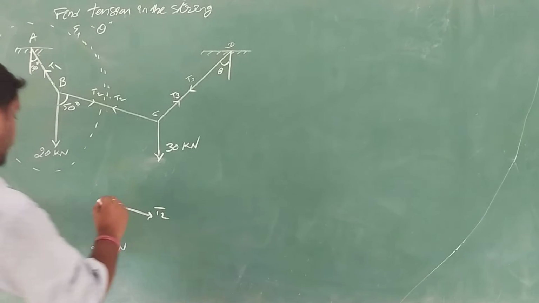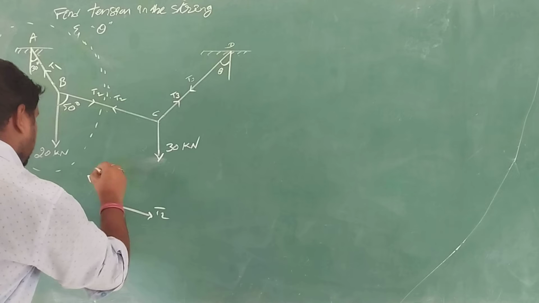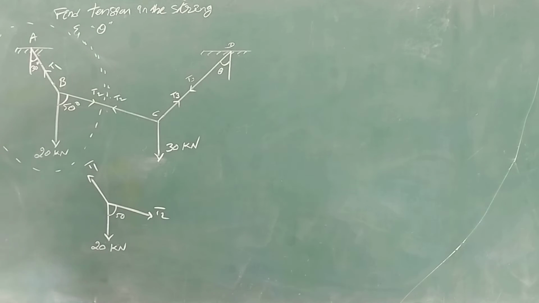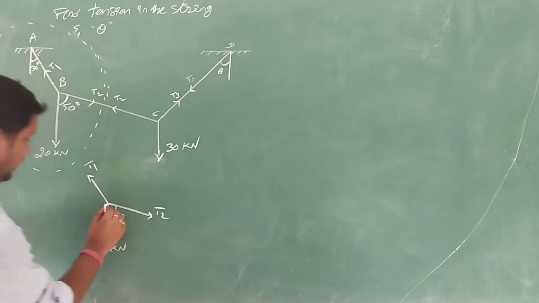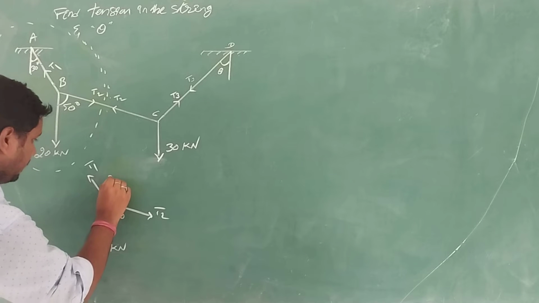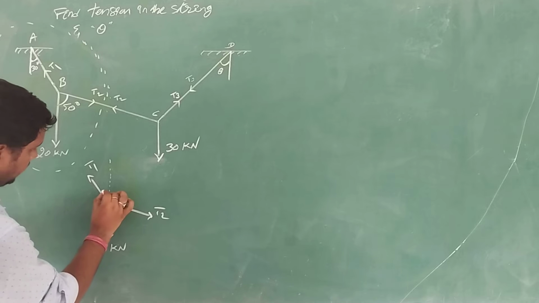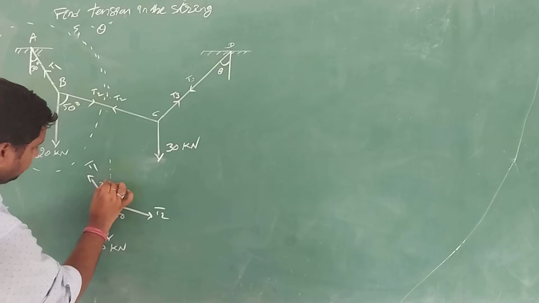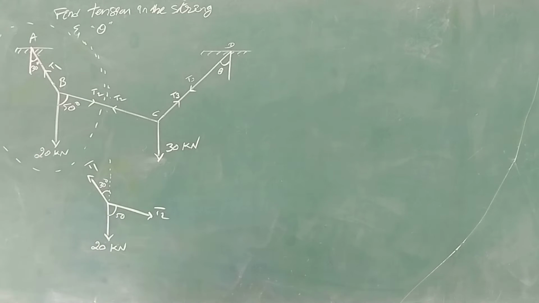Next we have tension T1. Here, the angle between the vertical and this tension is 30. It means that if this is my vertical, this angle given is 30. These are given in the question.